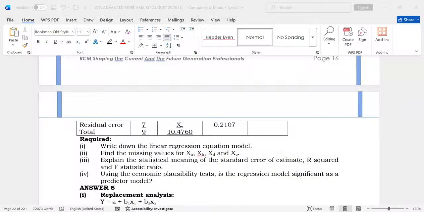In Roman 3, they want us to explain the statistical meaning of the standard error of estimate, R squared, and the F statistics ratio. So we start with the standard error of estimate.